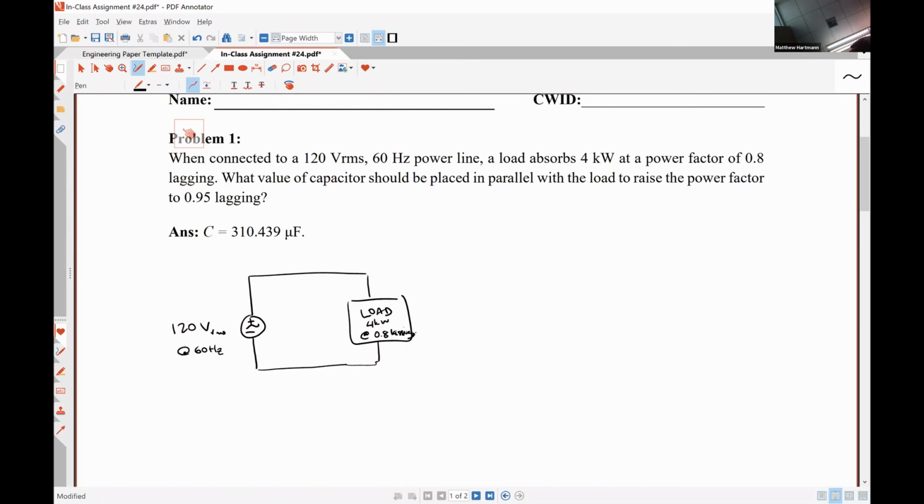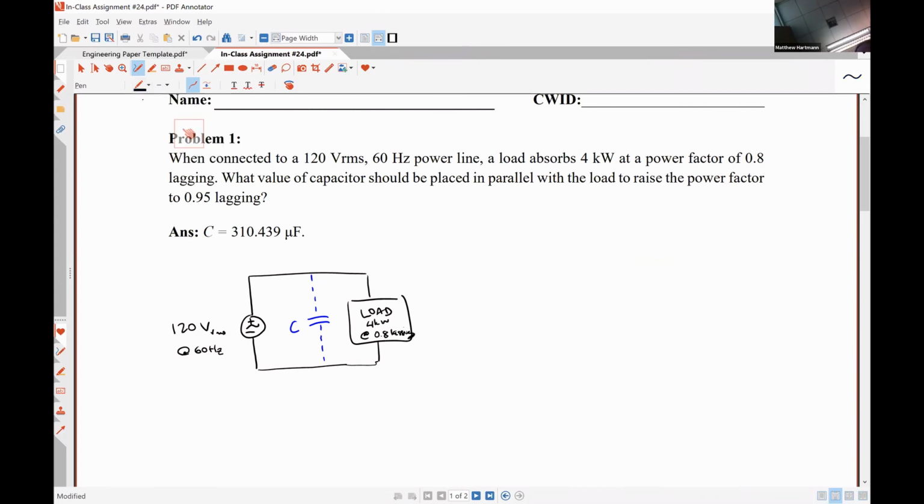And then the last thing is we're going to figure out what's going on when we put a compensation capacitor C in parallel with our source. And that compensation capacitor, its role is to increase the power factor to 0.95 lagging.